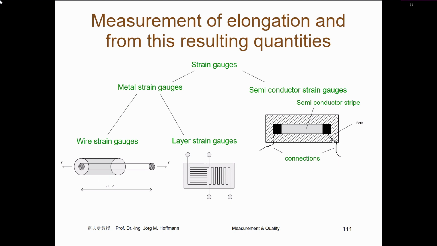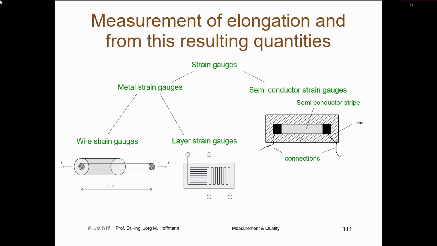Therefore, you will find semiconductor strain gauges only in mass products like blood pressure measurement devices, where a huge amount is produced, so that it is effective to set up a whole calibration circuit for each strain gauge.